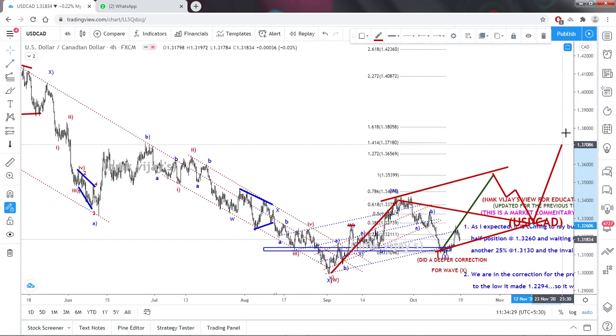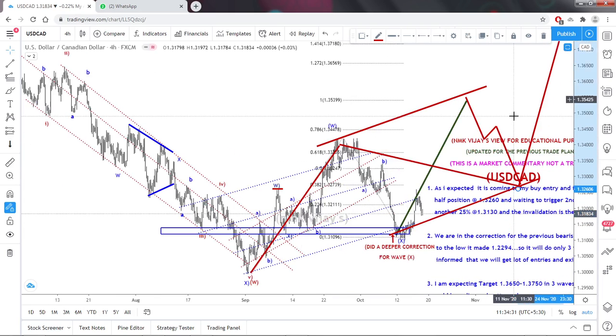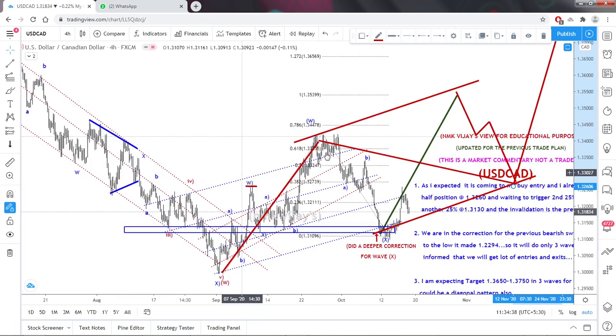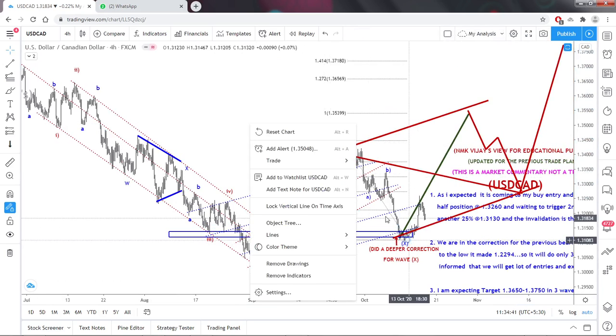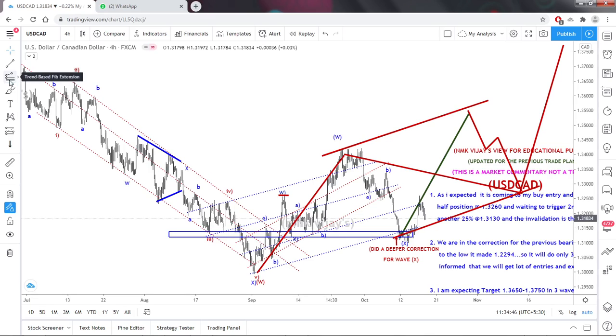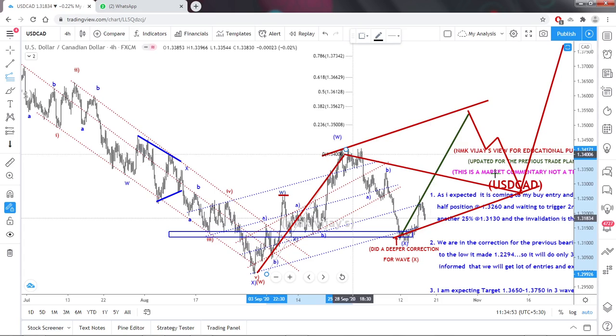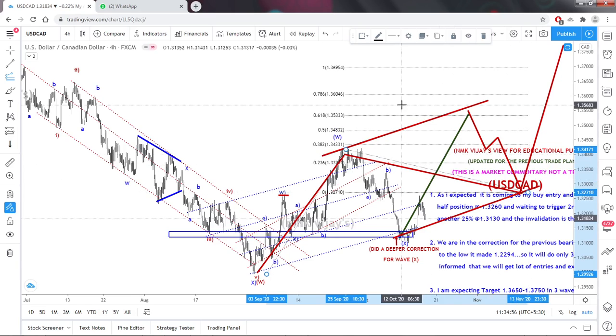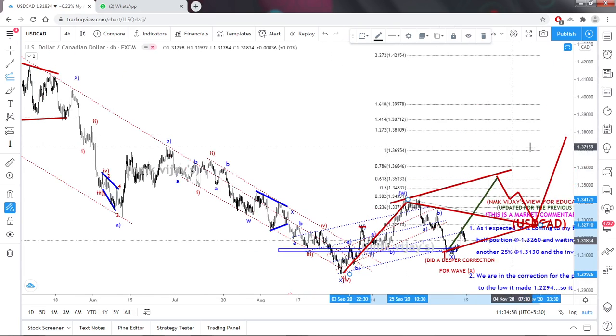So it will reach 1.38. At that time this is an A, B and C. After that here is the expansion, one second, I will remove this fib expansion. This is a W, and this, for example X, see perfectly, it will reach 1.37 and the previous resistance zone.